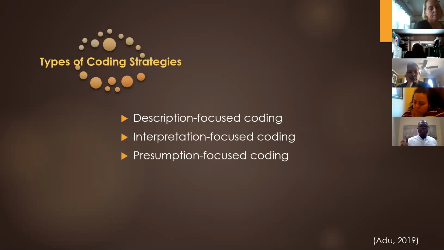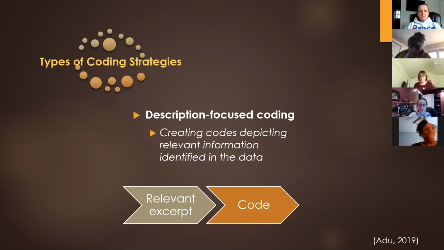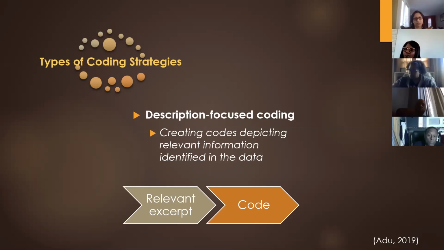And there are 3 main strategies that you could use to do the coding, right? The first one is description-focused coding. We also have interpretation-focused coding and presumption-focused coding. So description-focused coding is all about, you identify significant information and then you develop a phrase.